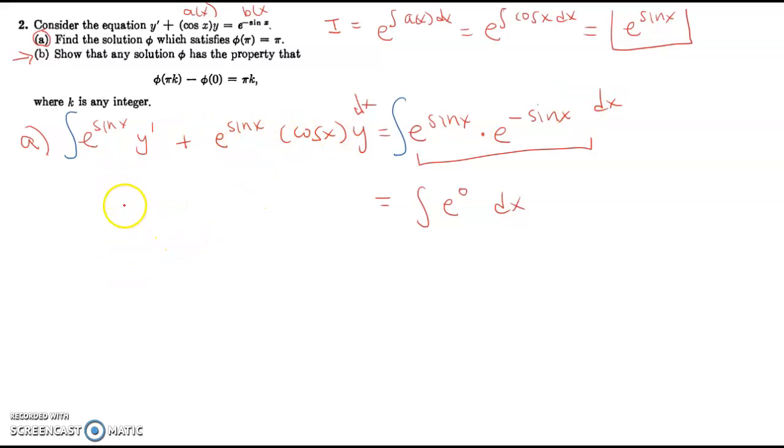Okay, and this side we have e to the power of sine x times y. So let's quickly go ahead and solve this. It's going to equal, this is 1, so we have 1 dx, so we get x plus c.